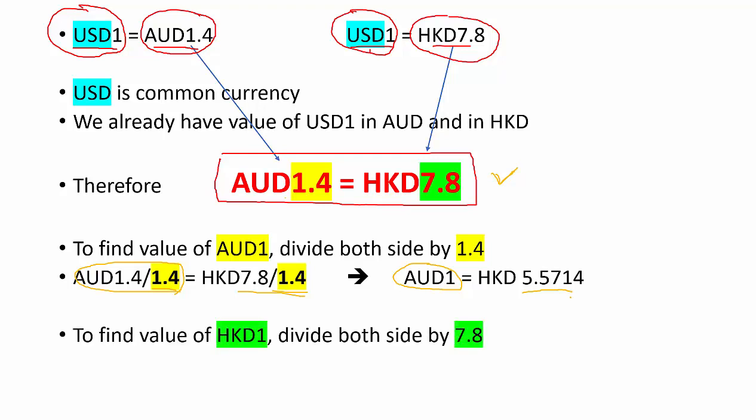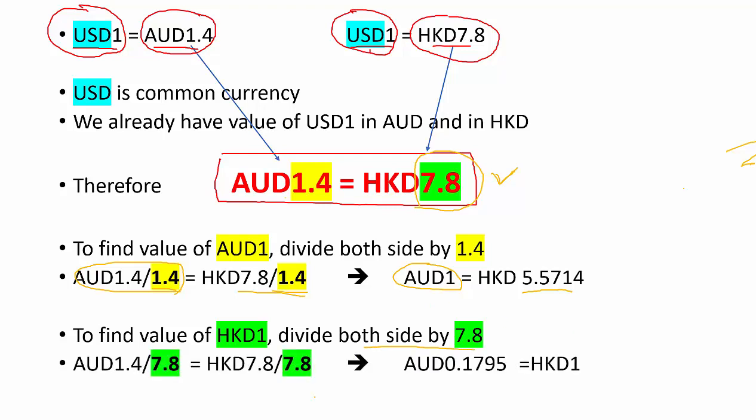Now, if you want to look at the cross rate the other way, which is what is the value of one Hong Kong dollar in Australia dollar? In this case, in order to turn the 7.8 into 1, you simply divide both sides by 7.8. So here we go, 7.8 here, 7.8 here, right?